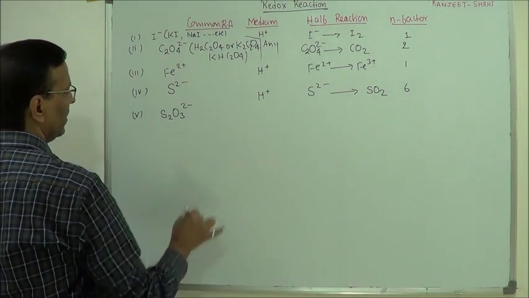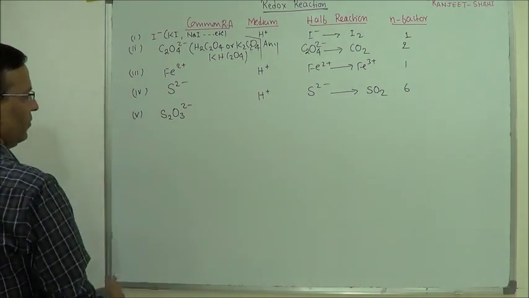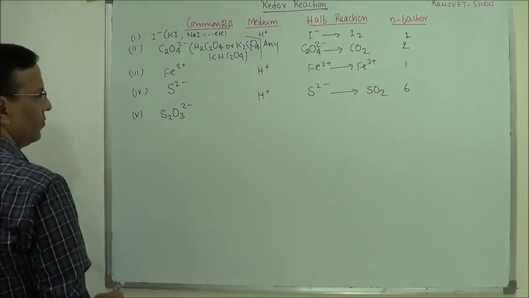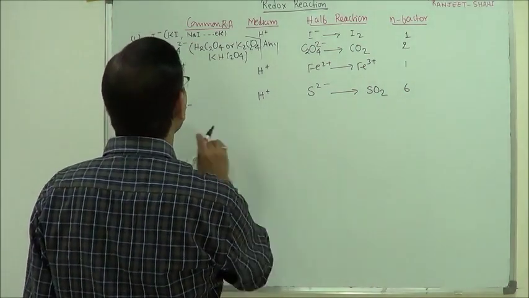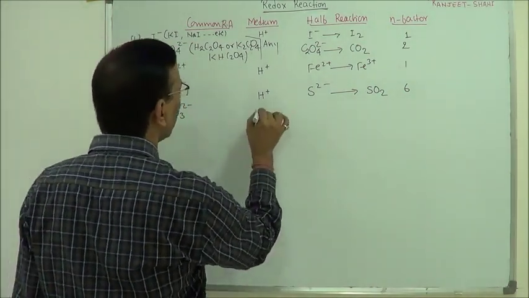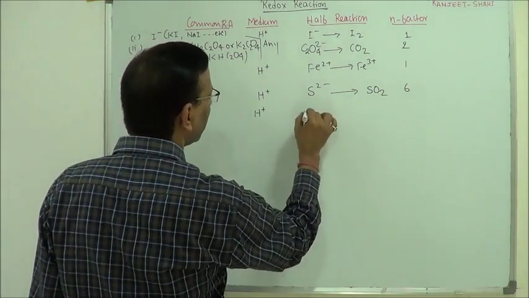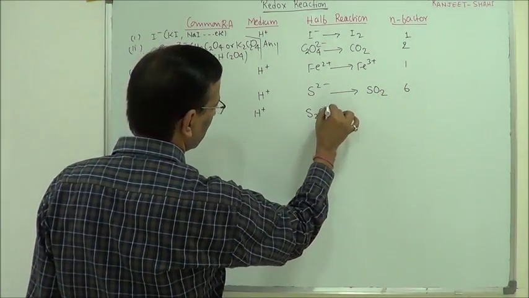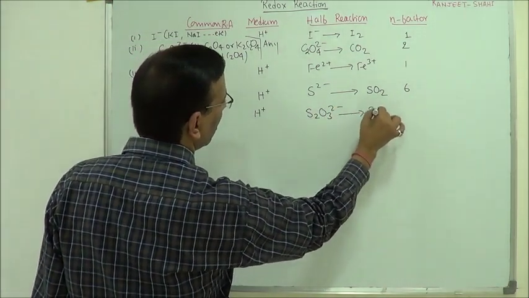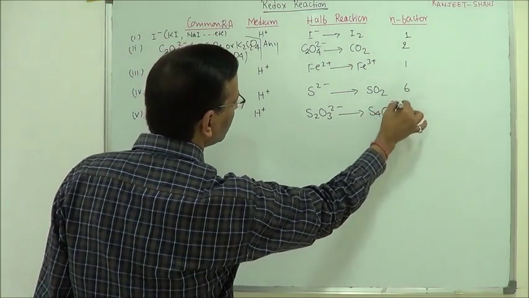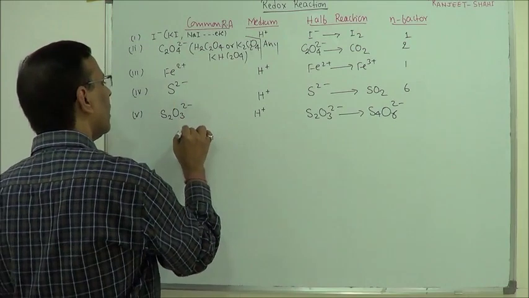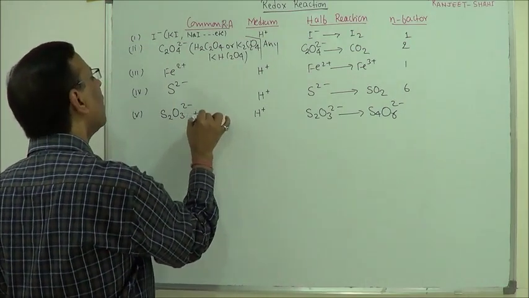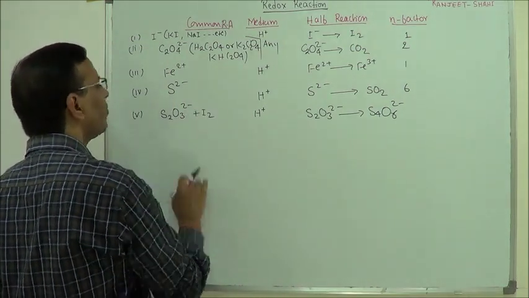S2O3 2-, thiosulfate. Now in general, it is converted into S4O6 2- when treated with iodine. This is very specific.